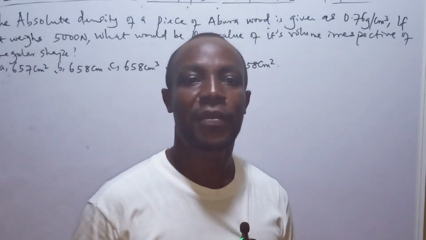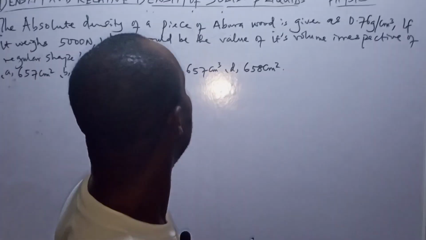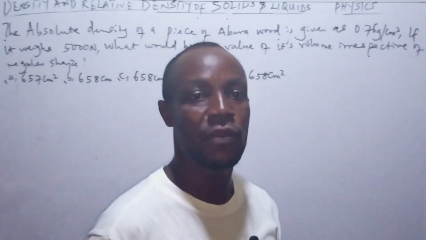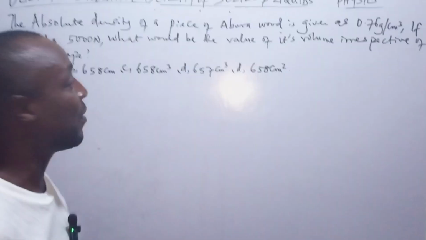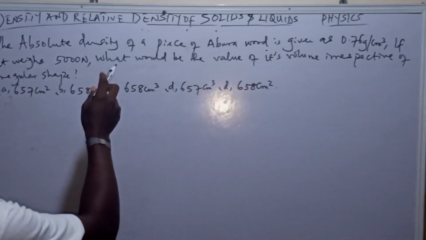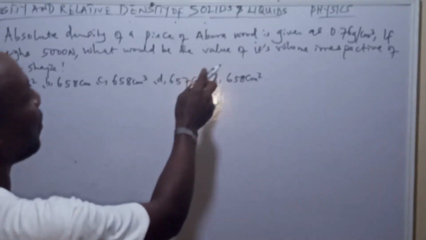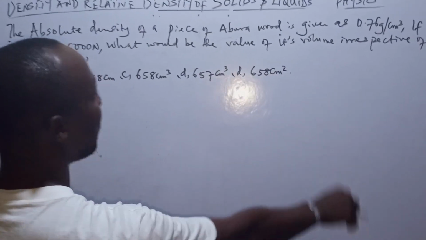Hi guys, you're welcome to another class still on density and relative density of solid and liquid. Today we have another problem here. It stated that the absolute density of a piece of Abura wood is given as 0.76 gram per cm cube.